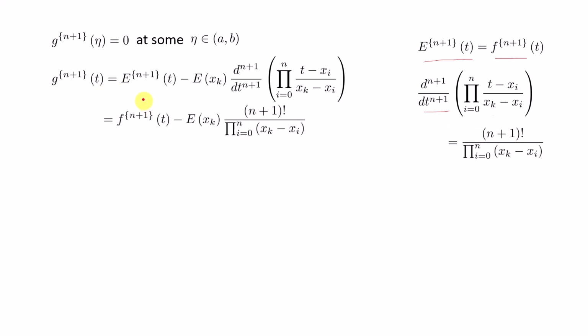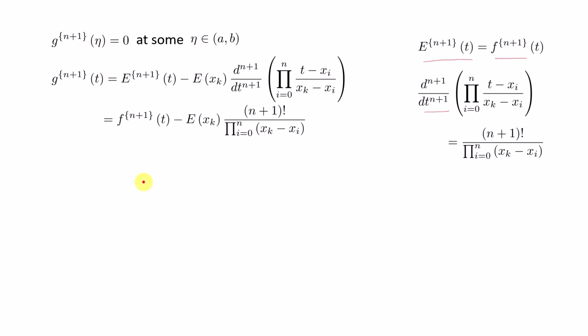So I come here and I write g^(n+1)(t) is equal to f^(n+1)(t) minus e(xk), nothing happens here, this is a constant, times n plus 1 factorial divided by this product of xk minus xi. Now we know that at a certain t equals eta, this g^(n+1) is 0.